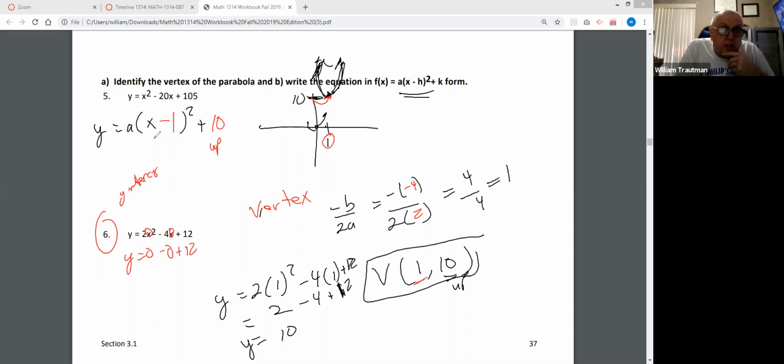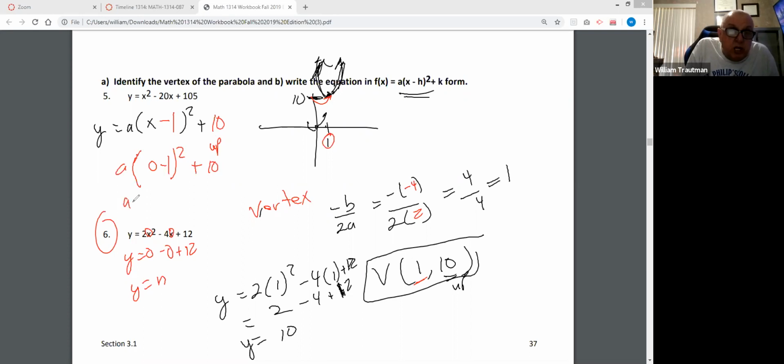You see my y-intercept is 12. That's my y-intercept. So if I put a 0 in the equation I have, put a 0 in there.